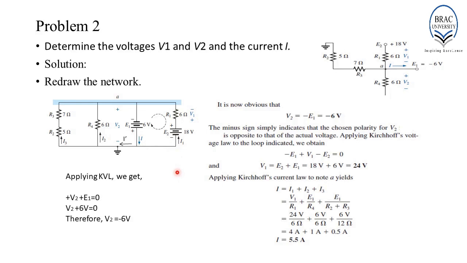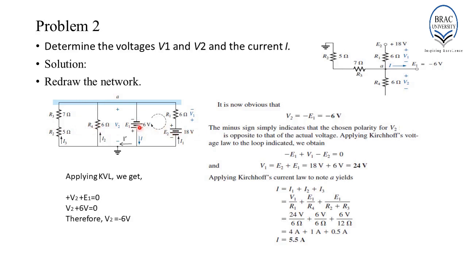So, applying Kirchhoff's current law, we can determine I using the formula I equals I1 plus I2 plus I3. All these branches, that is R4, R3 plus R2 and R1 plus E2, that is the whole branch, will have a potential drop of 6 volt. Why? Because they are all connected in parallel configuration.